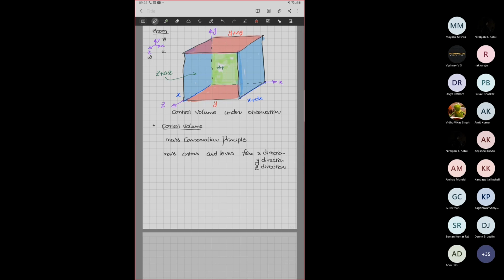Any imbalance in mass coming in and leaving out must be connected with something happening to the mass within that control volume. This is the analysis we do. That means fluid might come in the x direction, but nothing leaves in the x direction or the z direction. Maybe fluid might be leaving in the y direction.